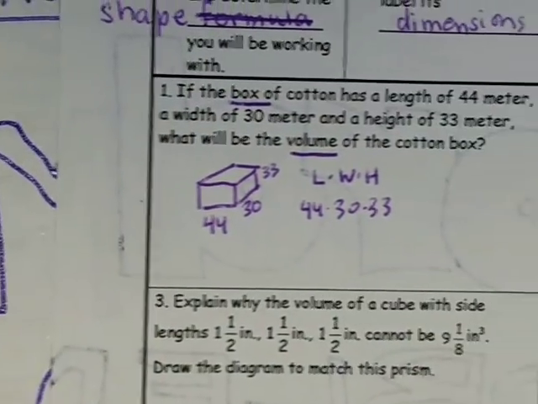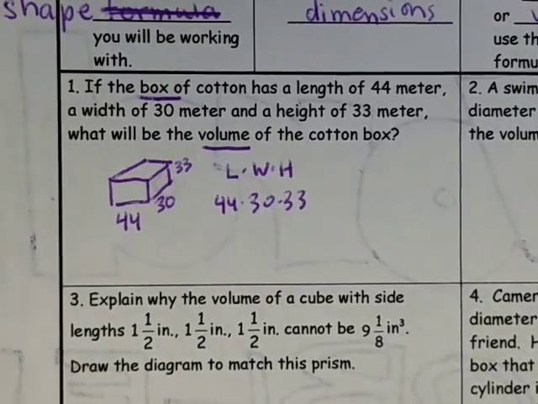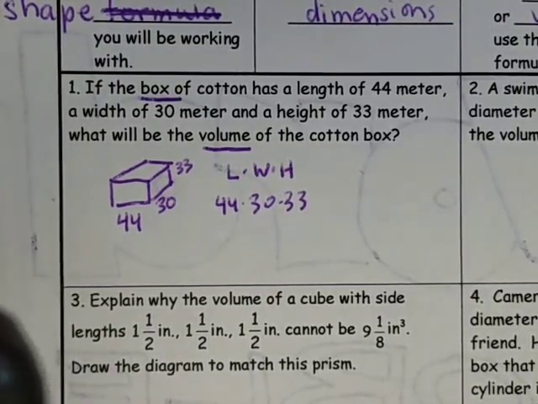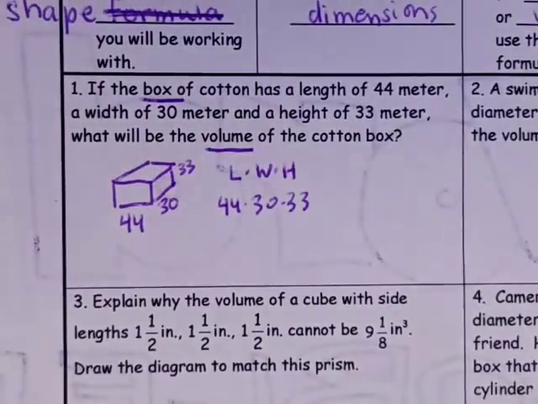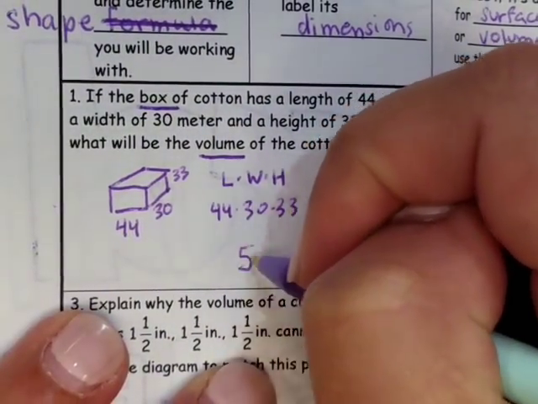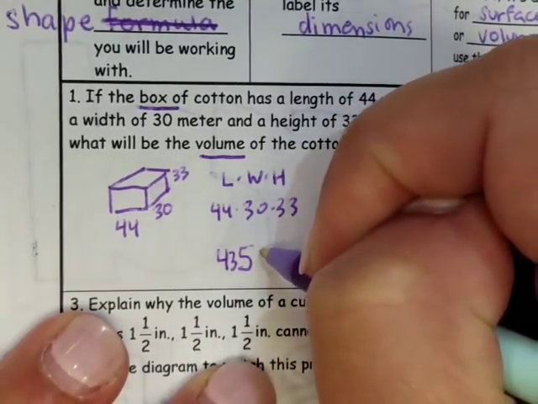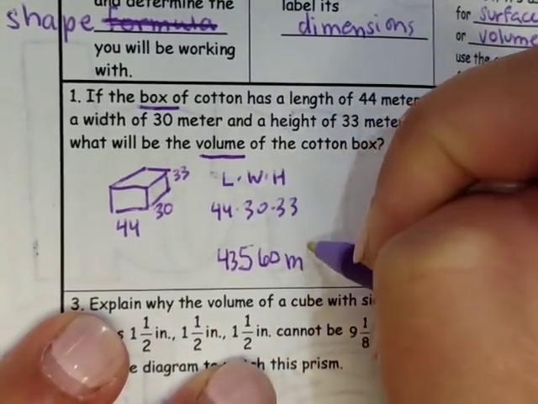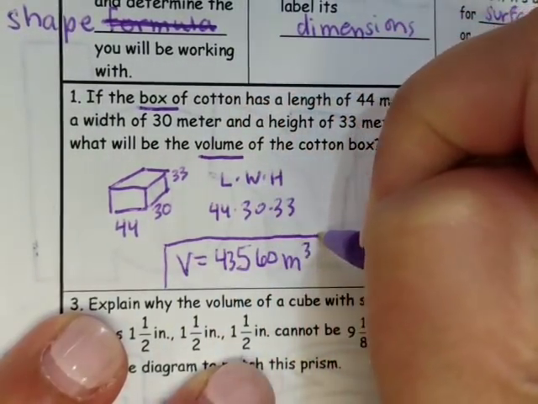And then when I type that into my calculator, I get a very large number, 43,560 meters cubed. And that is my volume of this box of cotton.